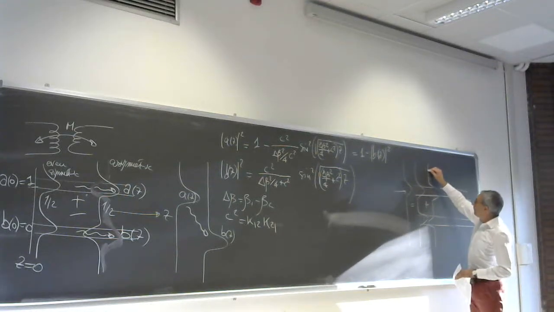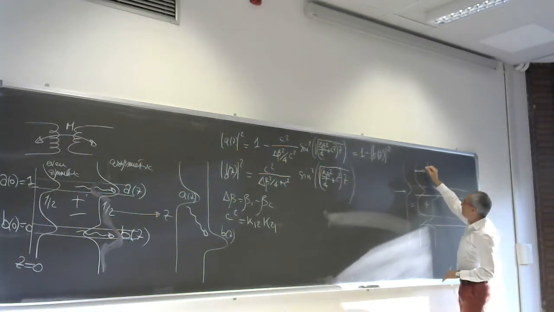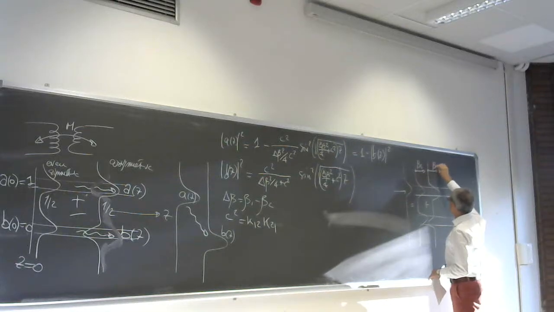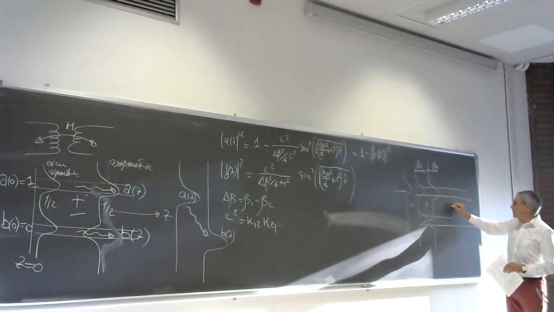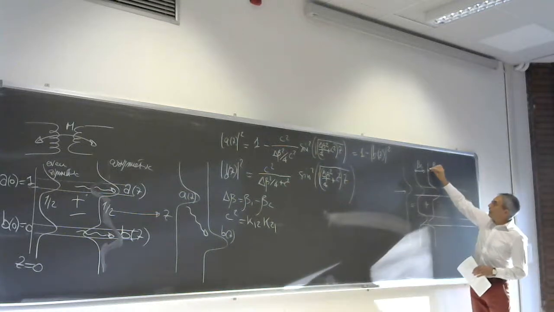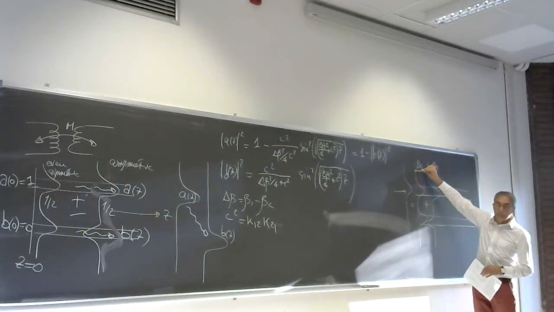Now these two modes propagate with their speeds, beta s, beta a, along the waveguide. They do not exchange power, and it's clear that while they propagate, the phase accumulated is different.